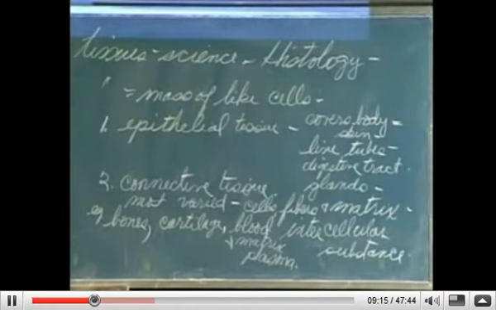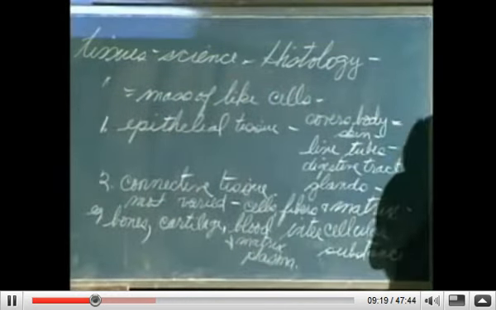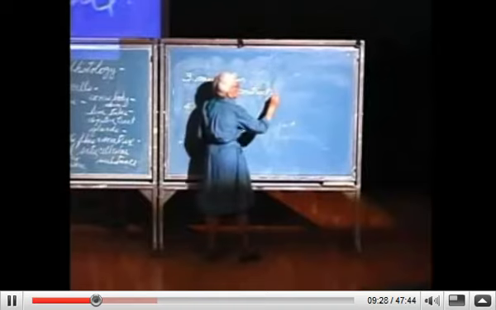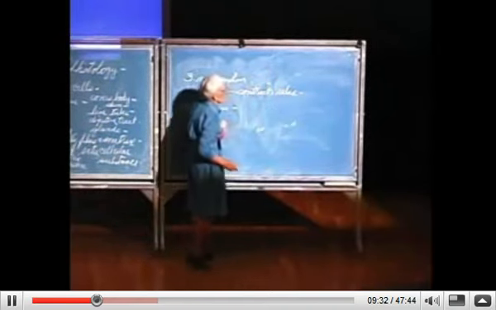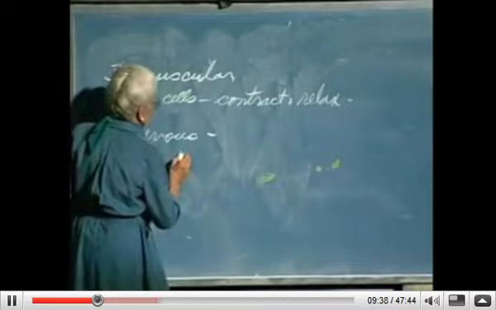Let's then look at muscular, and everybody knows muscular are just cells that are designed to contract and relax. That's all muscle does. And then we have nerve tissue with the most varied types of cells.